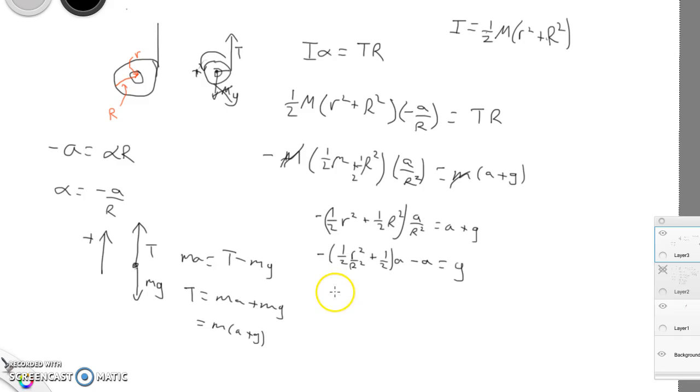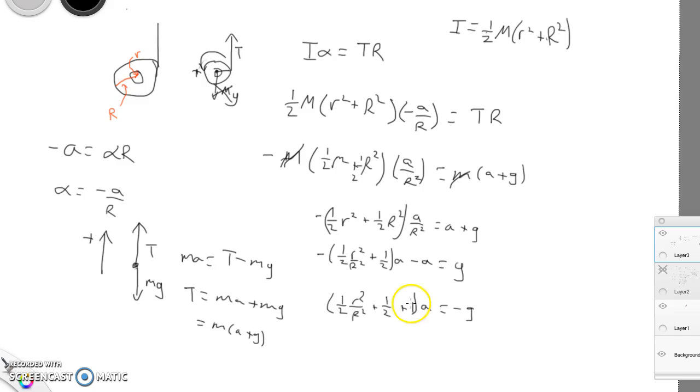So we have parentheses 1/2 r squared over big R squared plus 1/2 plus 1, all times A equals -G.